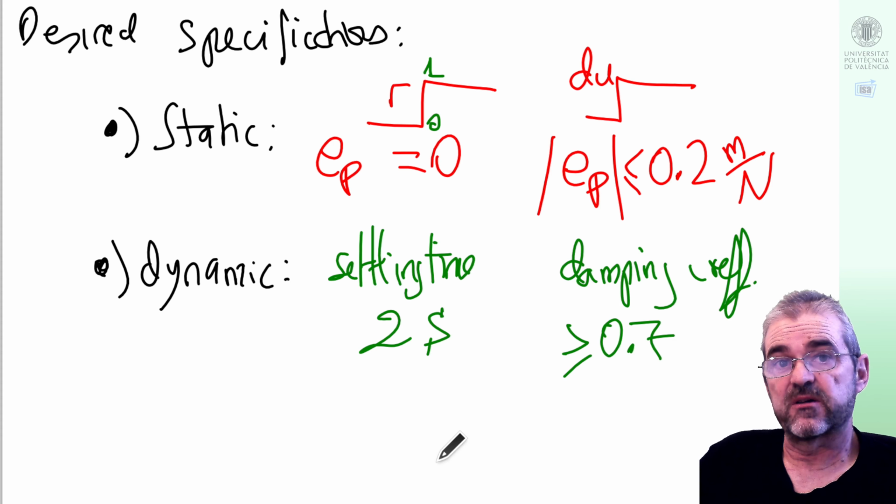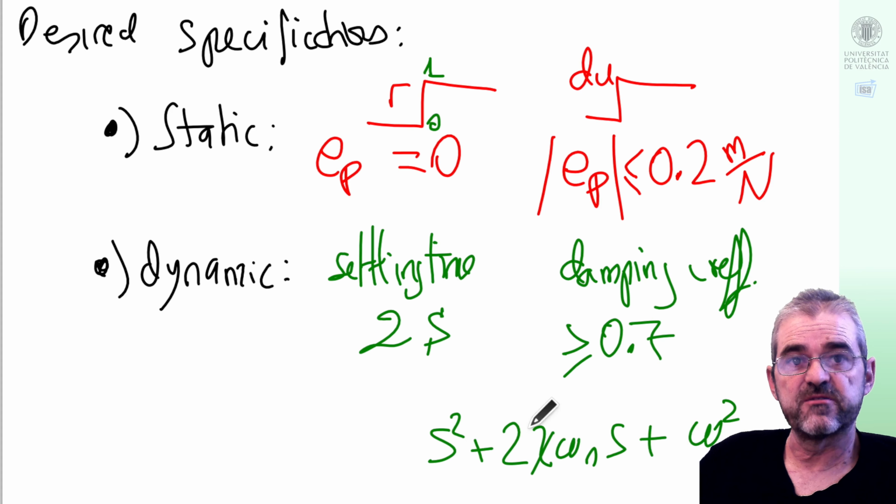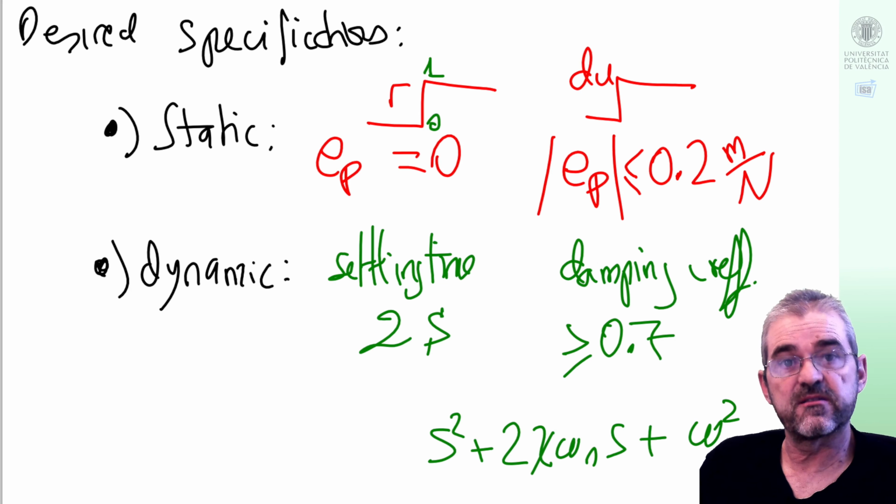So a pair of oscillating poles can be expressed with this expression in the characteristic equation. So omega n is the natural frequency and chi is the damping coefficient, which must be more than 0.7. Then this will be my dynamic requirement on the transient.